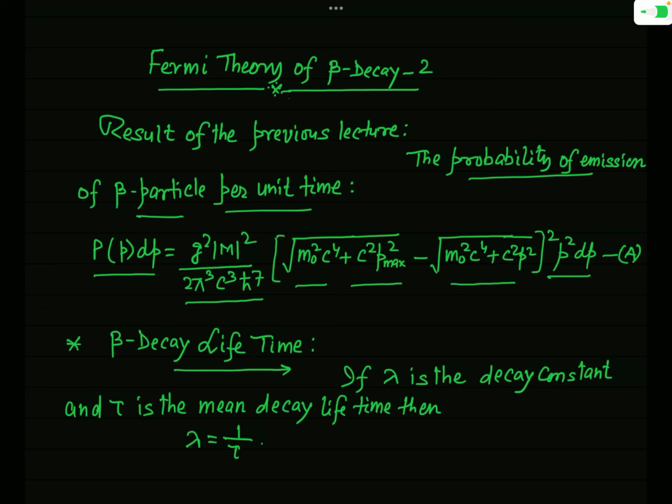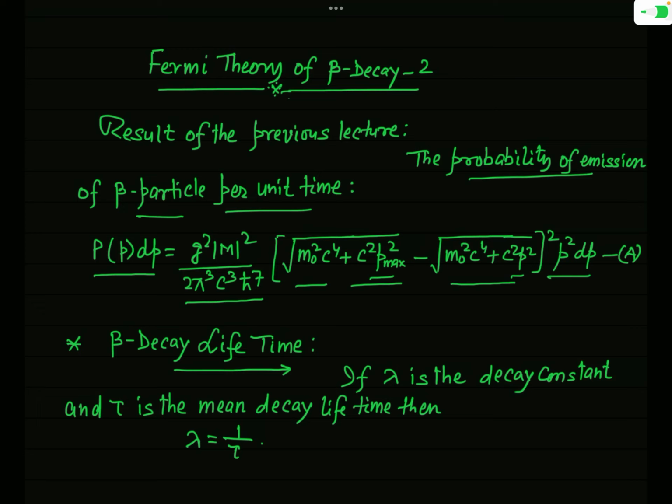I hope you can remember all the quantities appearing in this expression. You know this g is the coupling constant or coupling factor, and modulus of M represents the matrix element of the transformation of nucleus from initial state to final state. And p_max is the maximum linear momentum of the beta particle, or you may say electron, and p is its momentum at any time t.